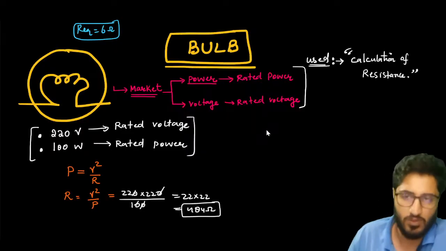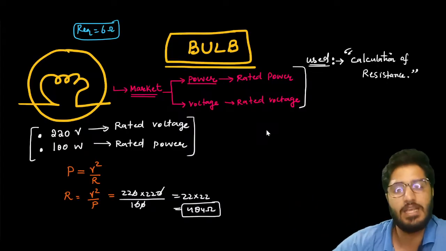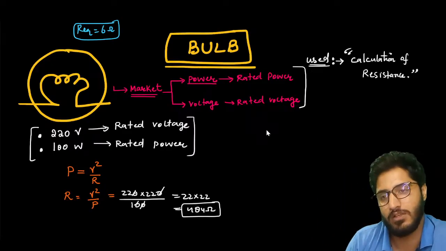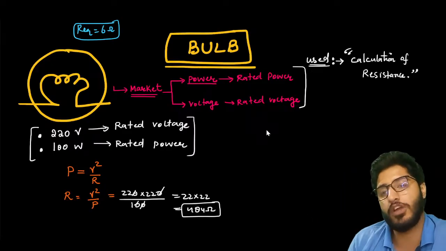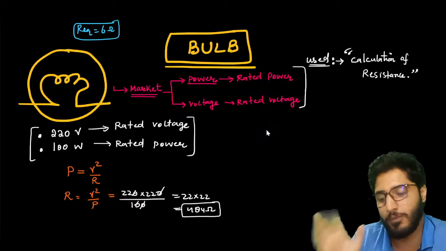Suppose we are taking it from any ABC company, where exactly 220 volt is supplied. At that point it will give full brightness.